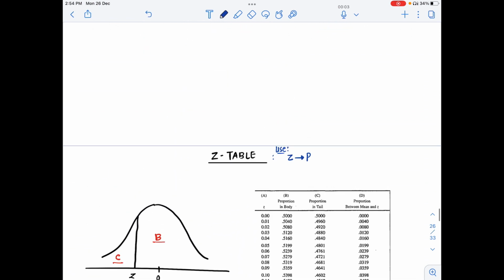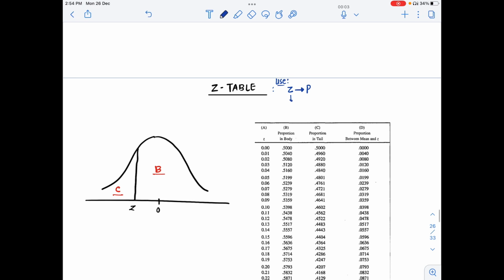The use of the z table is basically to convert a z value into a p value. You will be given a z value in your question, or you will calculate it yourself, and then you have to convert it into a p value to check whether it is less than 0.05 or more than 0.05, and based on that you can assign significance to the test.